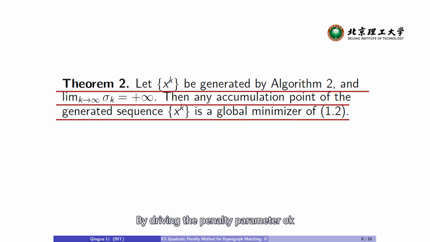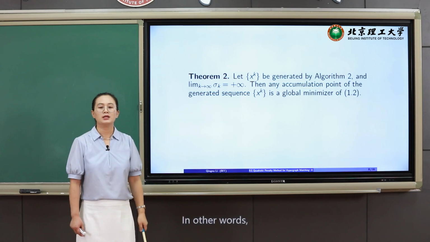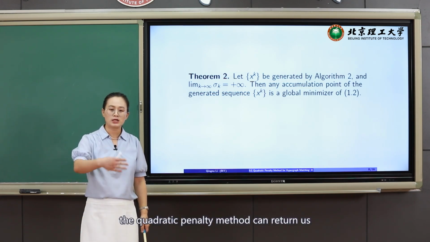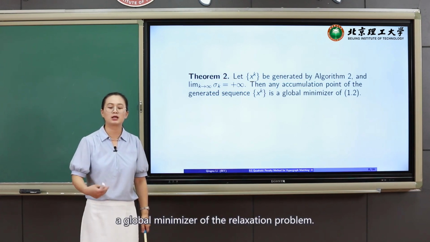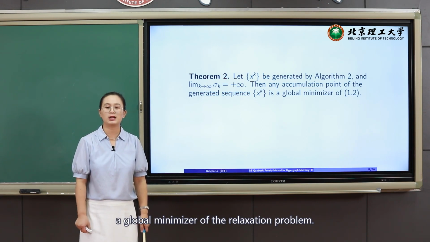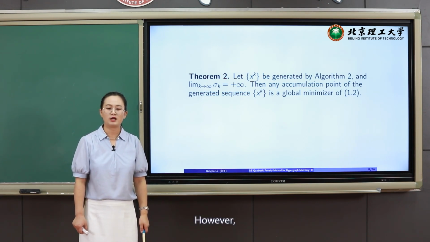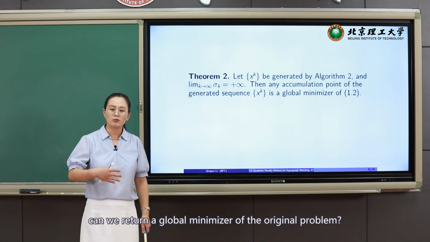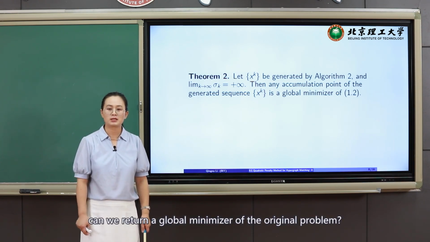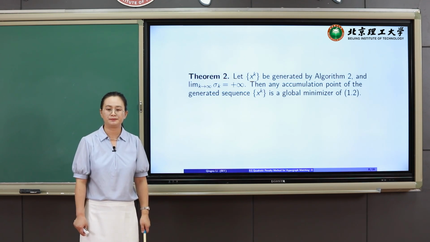And then by driving the penalty parameter sigma k to positive infinity, we can prove that any accumulation point of xk is a global minimizer of the relaxation problem. In other words, the quadratic penalty method can return us a global minimizer of the relaxation problem. However, a question is, can we return a global minimizer of the original problem?